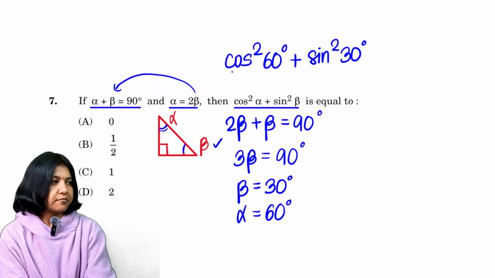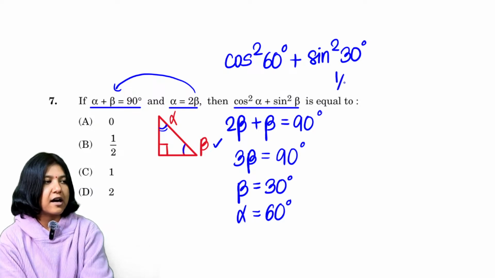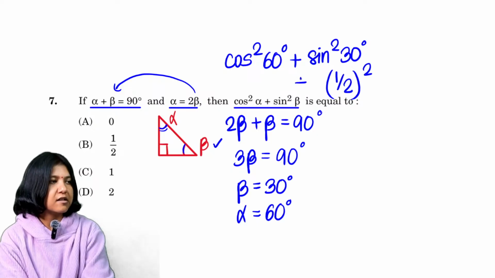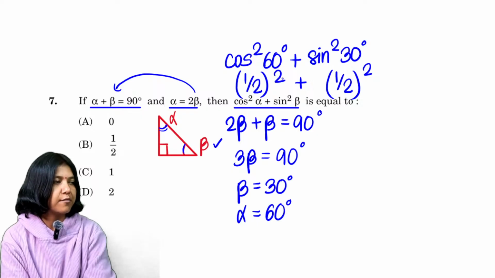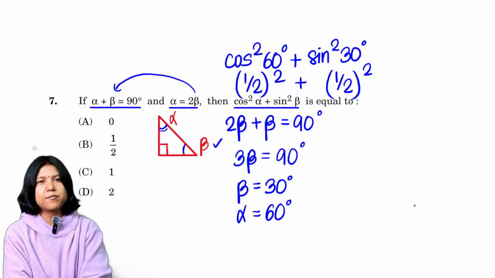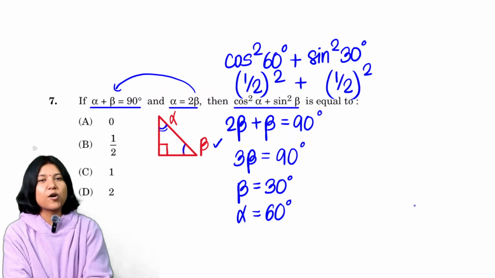So cos square 60, definitely, because sine 30 is half, so half squared, that is what I'll do here. Same will be the value for cos 60, so half squared again. Squaring half makes the number smaller. Always remember this. If you are raising powers to a number less than 1, then the more power you raise, the smaller the value will be.